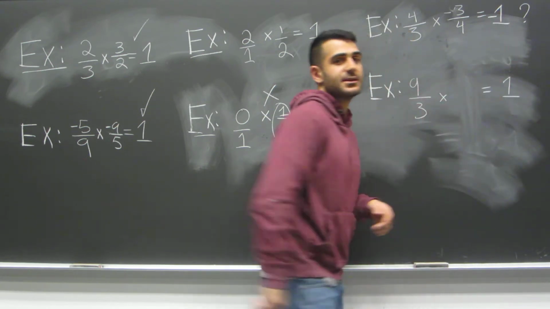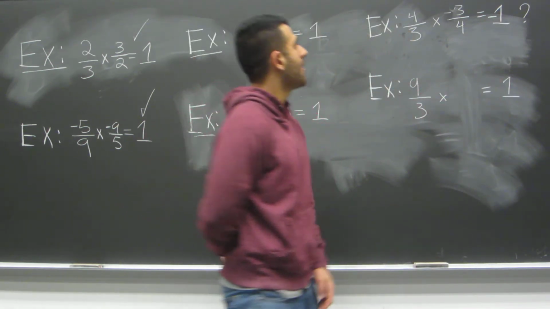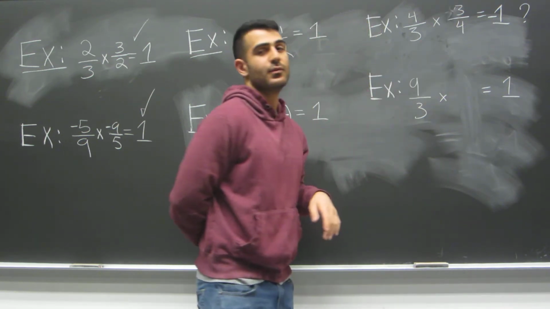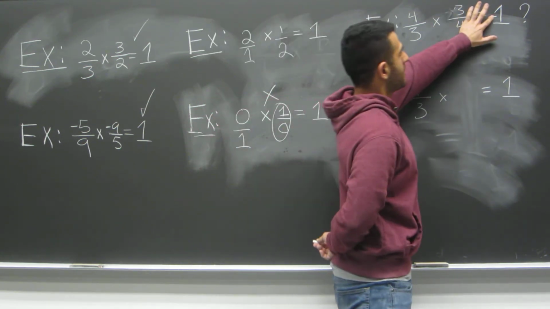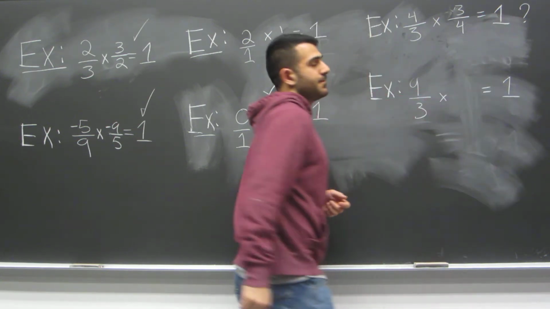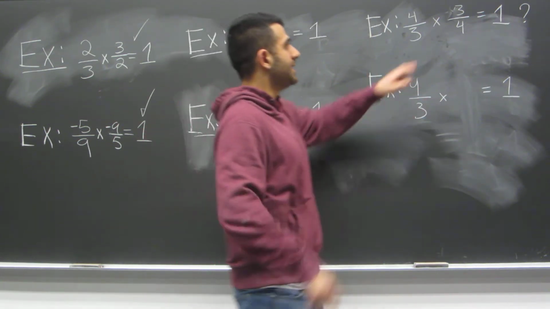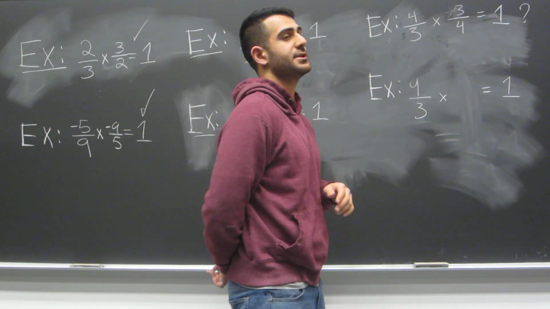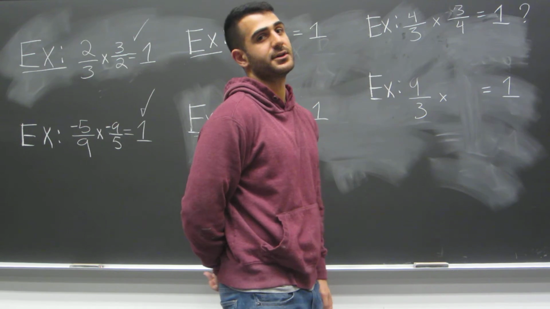So this isn't the multiplicative inverse. If I were to do this, for example, then it would be the multiplicative inverse, and we would have a result of positive 1. So the trick was that one of the fractions was positive and one of them was negative, so it's impossible to get a positive result.